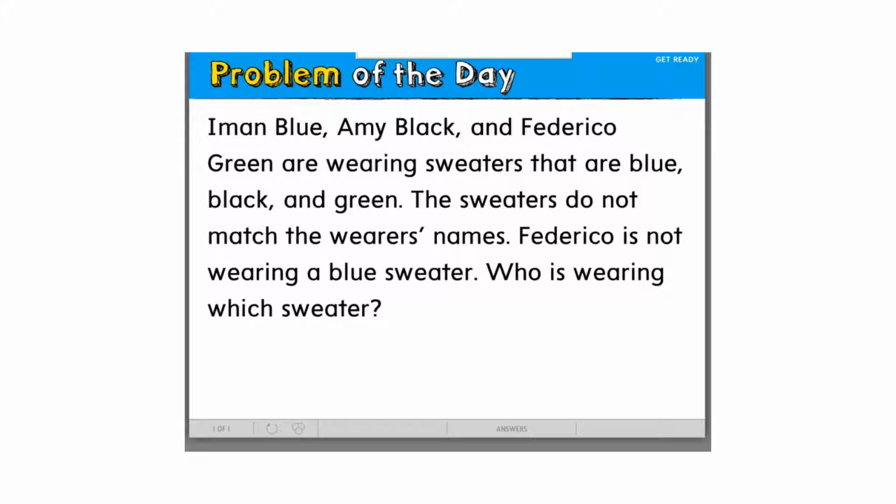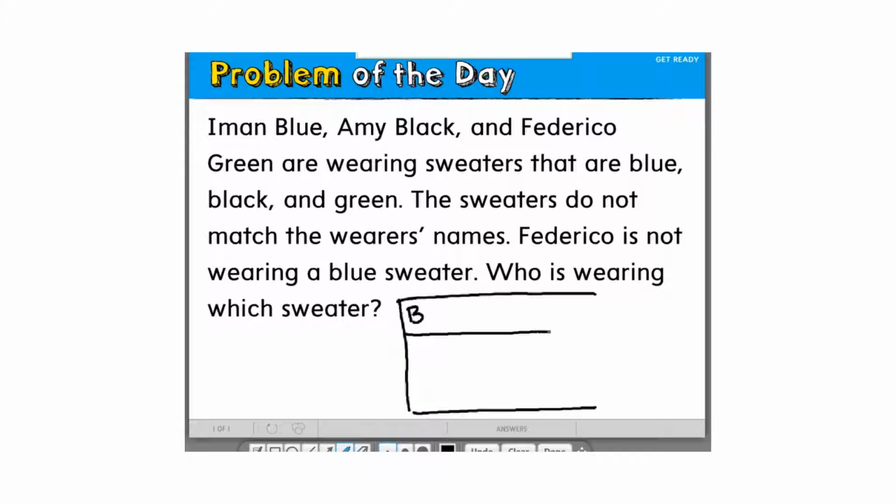So here's a good way to start, to organize your information. Always a chart is a good idea. I'm going to put the color of their last name. This is Iman Blue, Amy Black, Federico Green.